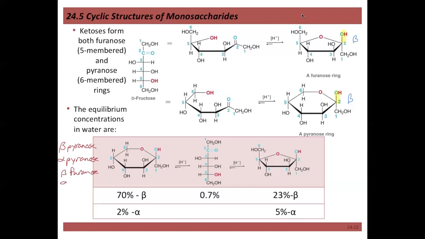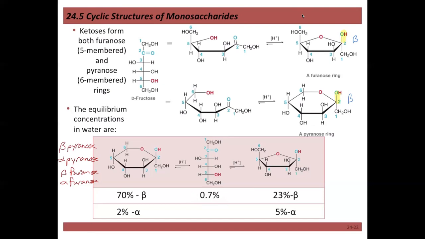And we've got the alpha furanose. So actually, if you just threw fructose in water, you would have 5 different products in there. You'd have the open chain, but there's not very much of the open chain, only about 0.7%, which lets you know that sugars tend to exist in their cyclic forms and not their open chain form.